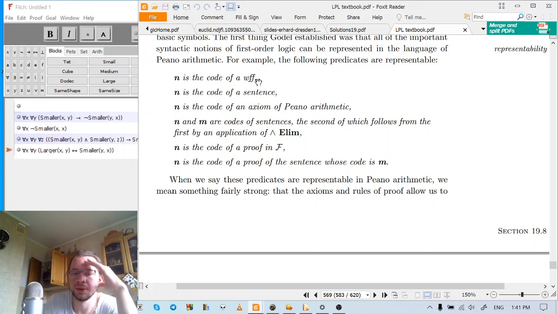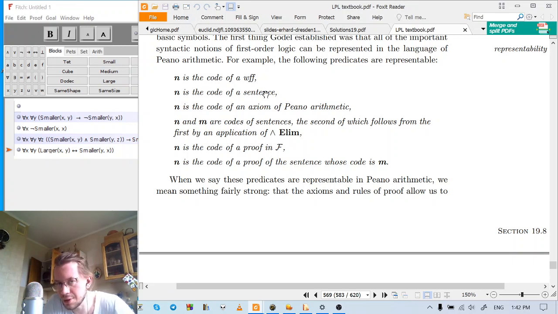And so the axioms and rules of proof allow us to prove only the true instances of predicates such as N is the code of a wff. Okay? So only if N is really the code of a wff are we able to prove it.